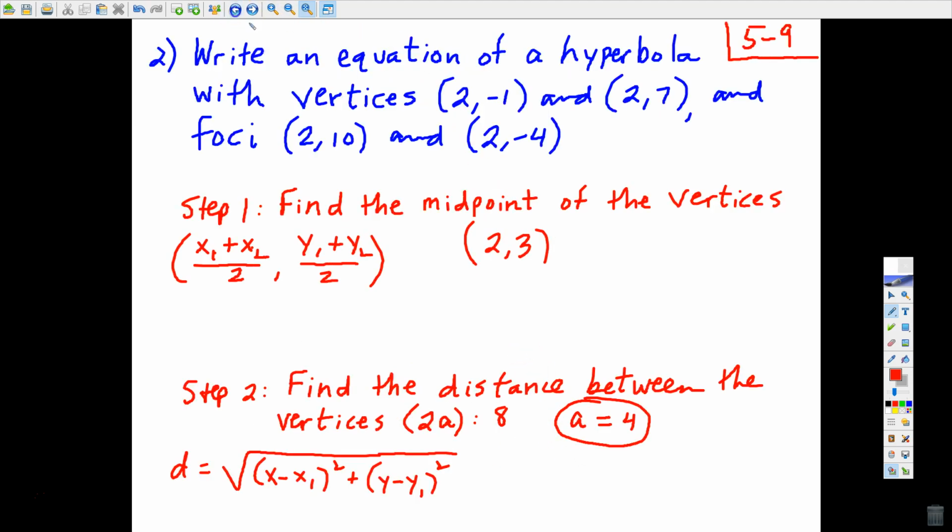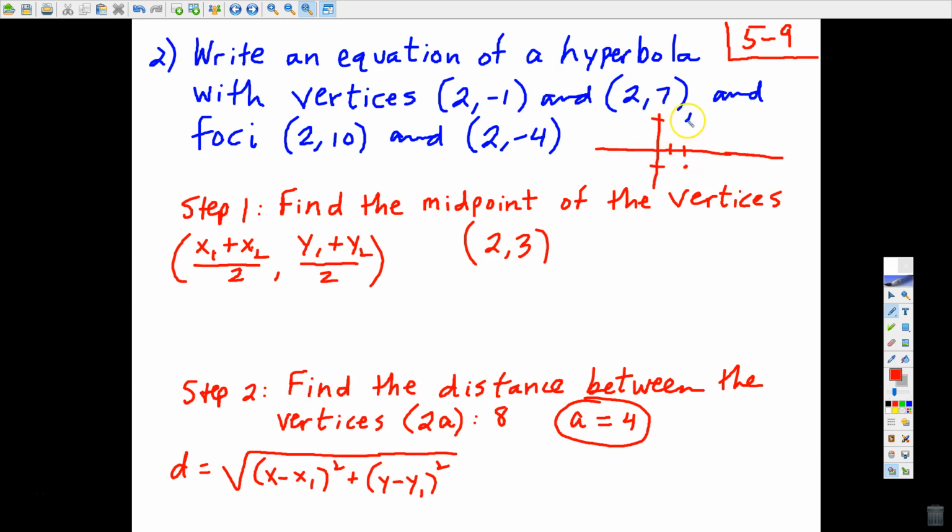Be careful. You need to pay attention to where the vertices and the foci are. And if you have to, you can make yourself a little rough sketch. You don't have to graph these, but until you've done a few and gotten used to it, you might be interested in doing something like this. So there's (2, -1), and then I'm also going to plot (2, 7).